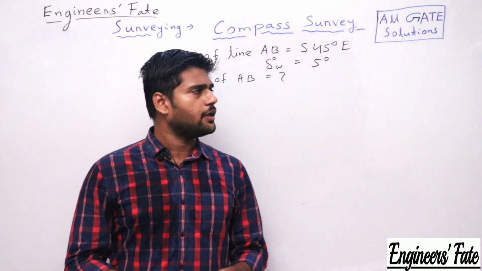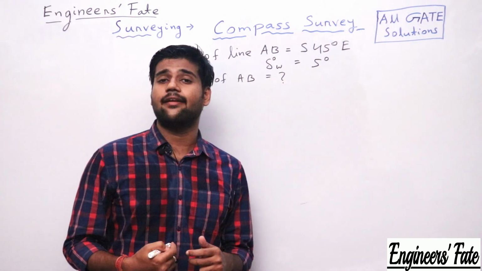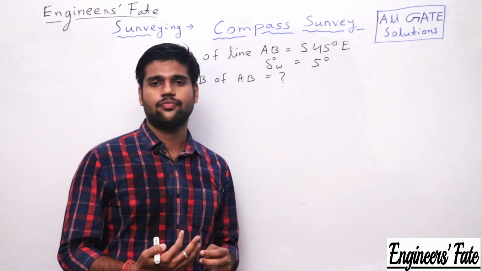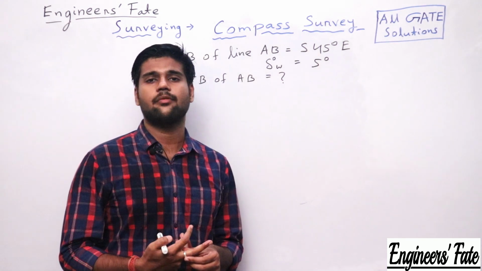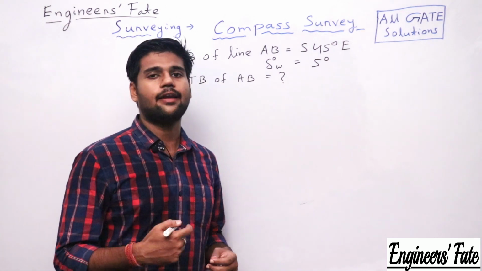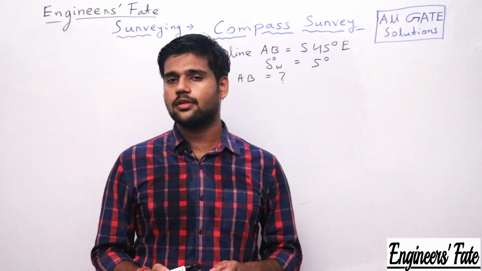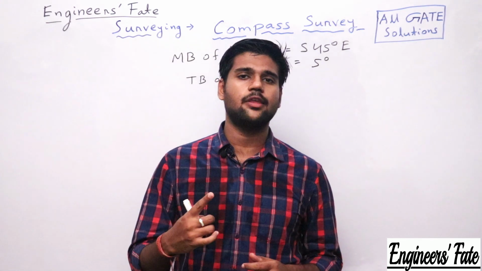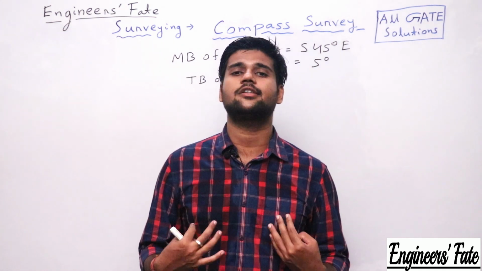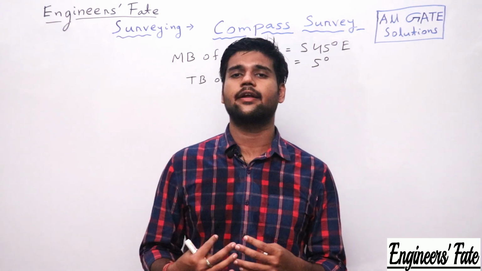In this question he has given us the magnetic bearing of a line in the quadrilateral system of bearing, south 45 degree east, and he has also given the western declination, and he has asked us the true bearing of line AB. Always remember, the first step is that whenever you see the bearing in quadrilateral system in the question, convert it into the whole circle bearing.